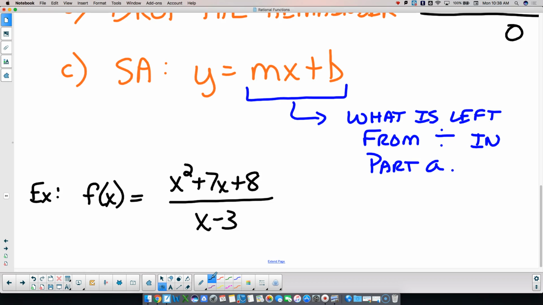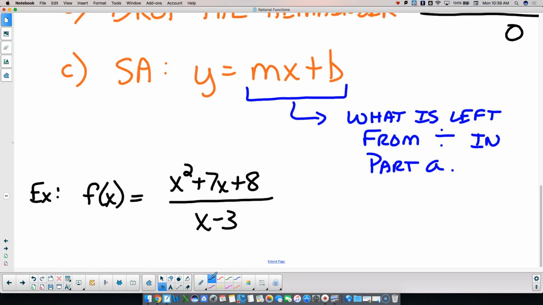No, because 3 is not a factor of 8. 3 doesn't evenly divide into 8. So, right away, no factors. What's the degree of the top? Well, it's 2, and the degree of the bottom is 1. So there's a difference of 1 there.